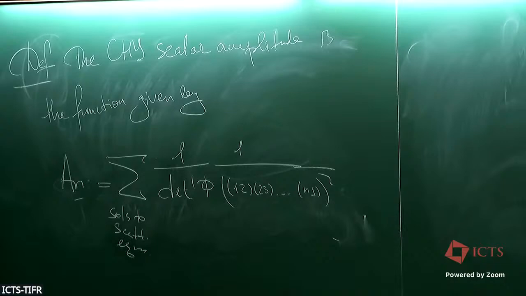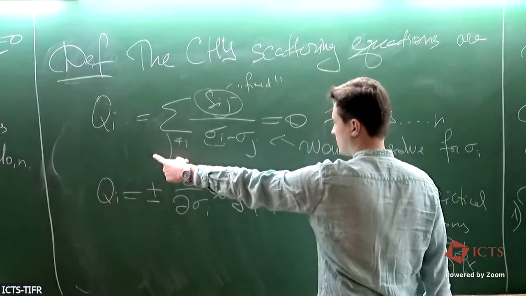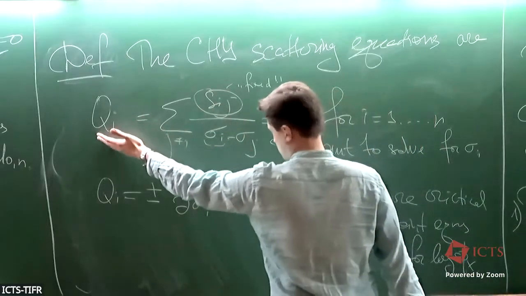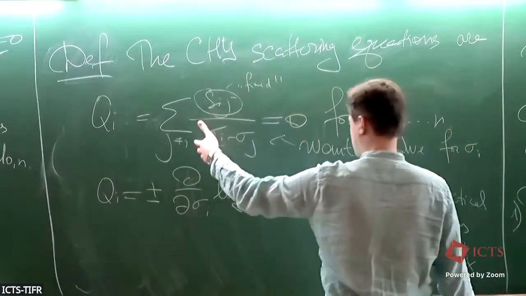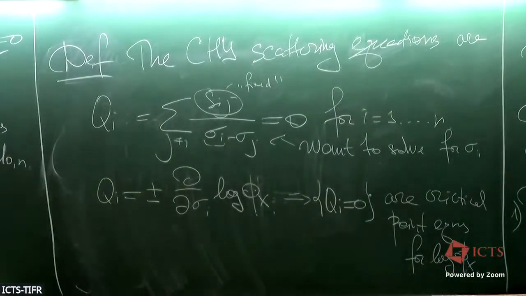So we fixed them, and those parameters defined those functions Q_i, and we looked for solutions to the system of equations Q_i equals 0. So each choice of parameters defines a different system of equations, and then we solve this system. So the solutions depend on your parameters. So the dependence on the parameters goes here. These solutions depend on kinematic data.